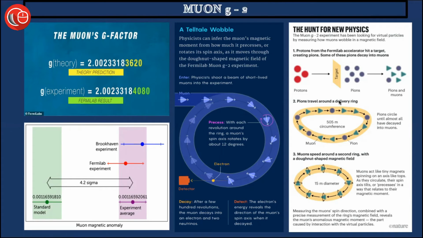Then these pions travel around a delivery ring until all the pions become muons, and the muons speed around a second ring with a donut-shaped magnetic field. Muons act like tiny magnets spinning on an axle like tops as they circulate, and their spin axis tilts, or precesses, in a way that relates to their magnetic moment. So this is what a muon is.